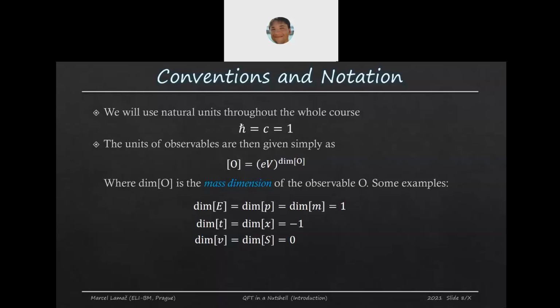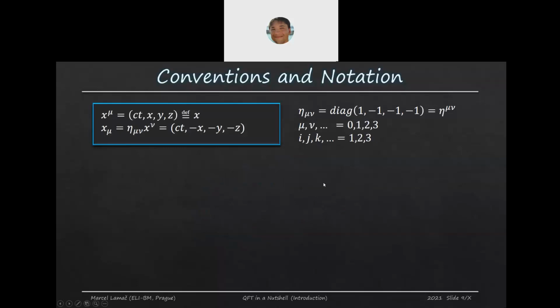So if you want to think about this in more detail, it really follows from the fact that we define the reduced Planck constant and the speed of light equal to 1, and the fact that we consider the basic unit as the unit of energy, which is in eV. So everything follows from that. Everything is related to that. So, conventions and notation.